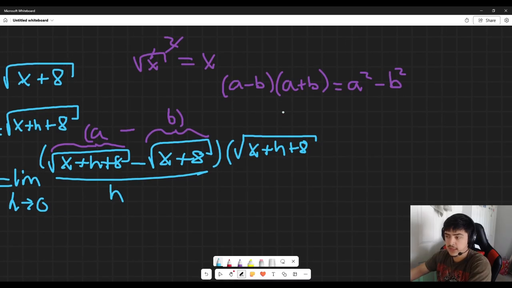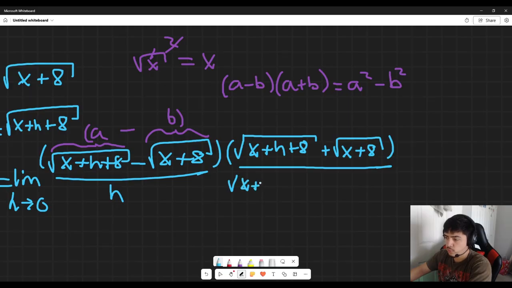And then since this is a minus, we need to make this one a plus, square root of x plus 8. And we also have to do that with the denominator, because whenever we multiply by something, we always have to do it to the top and the bottom to make sure it stays an equivalent statement.